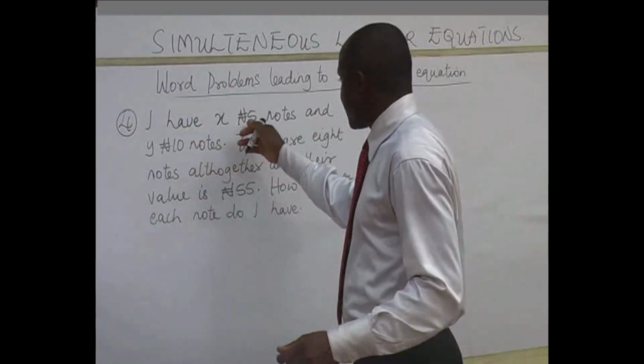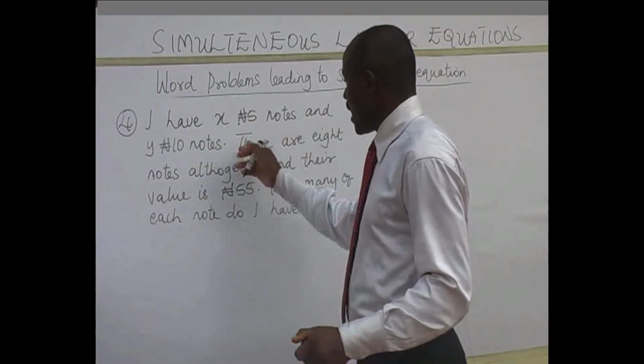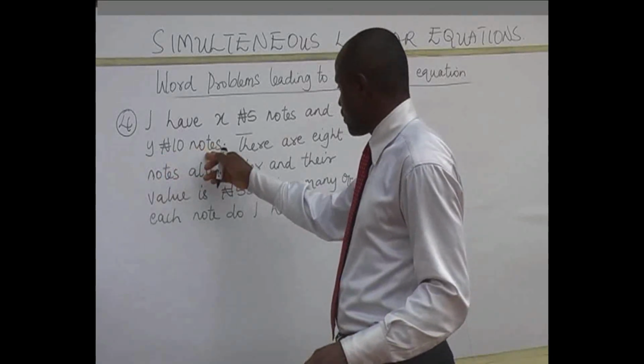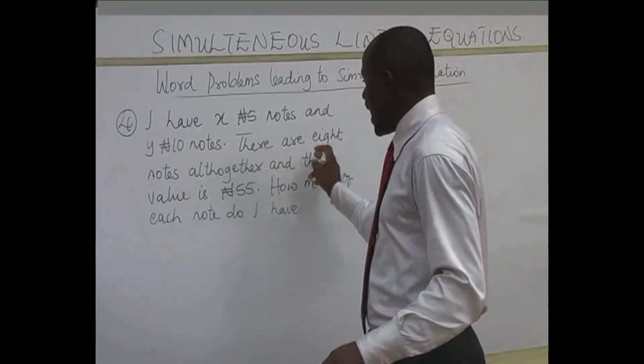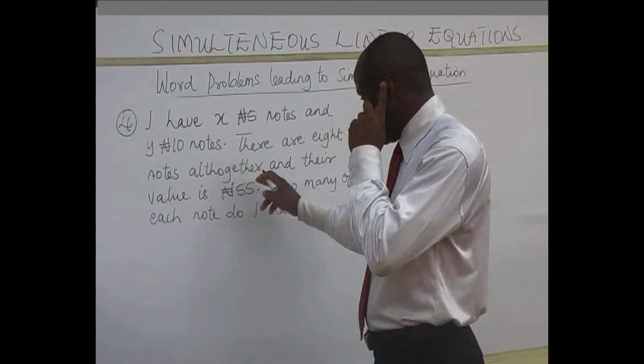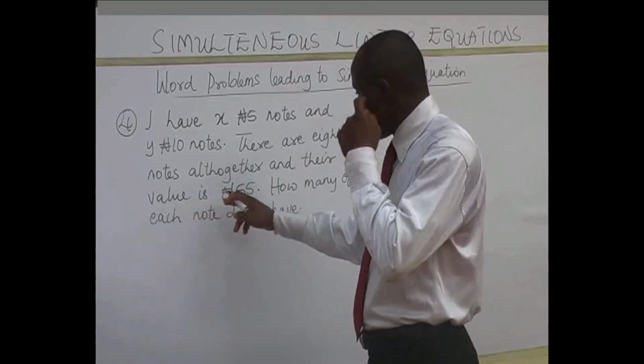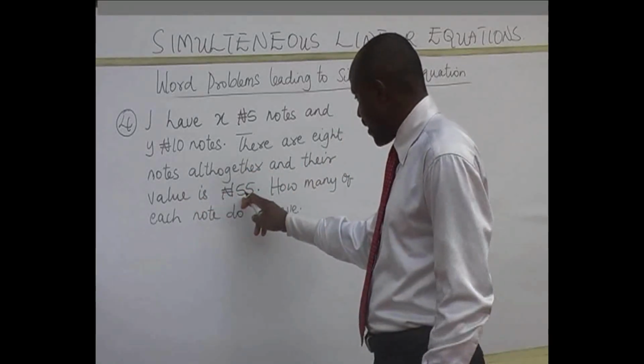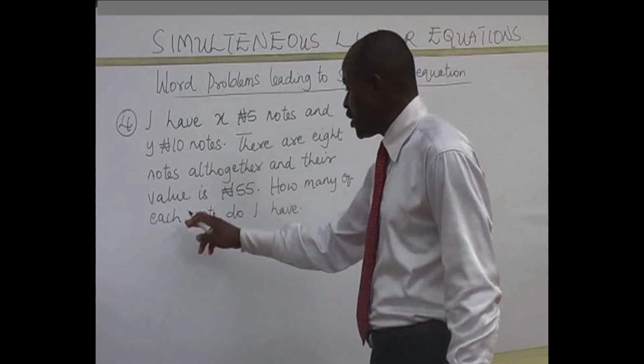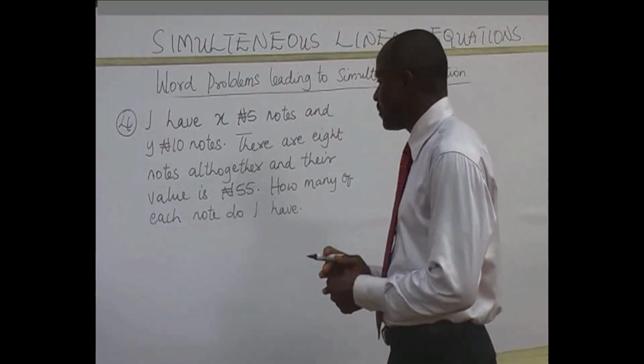I have X 5 naira notes and Y 10 naira notes. There are 8 notes altogether, and their value is 55 naira. How many of each note do I have?